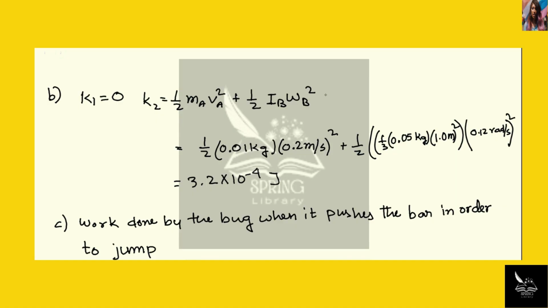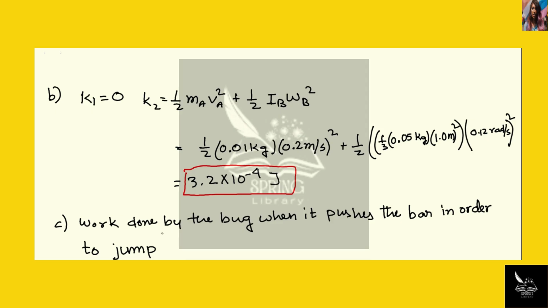Then we have the rotational kinetic energy. This is because the bar starts rotating, which is half of IB times omega b squared. We have already shown how to get IB and omega b. We already got omega b from the previous part. So if we put all the numbers in, we see that the kinetic energy is 3.2 times 10 to the power minus 4 joules.